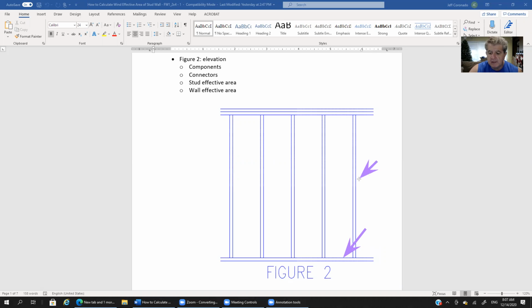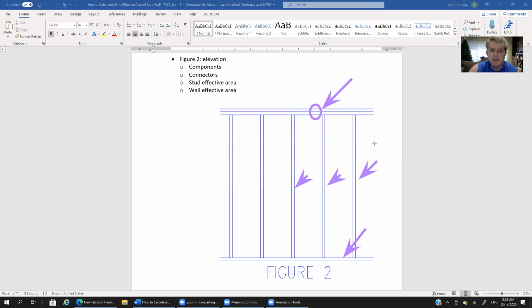Here we have studs, right? More than likely, these are going to be spaced at 16 inches on center. And then at the top of the studs, we typically have two horizontal members, which are referred to as the double top plate. If there's only one, sure, you can have a single top plate, but it's pretty unusual.